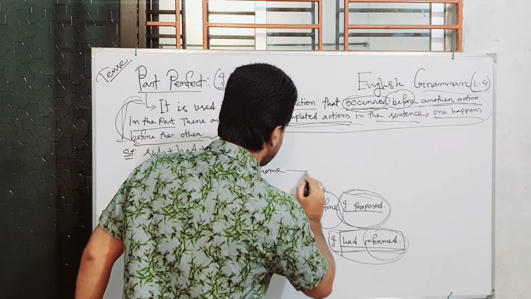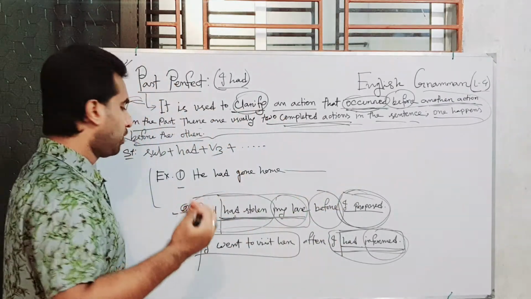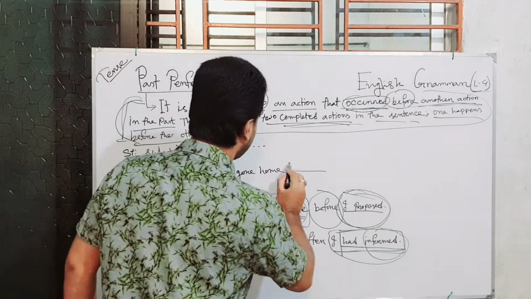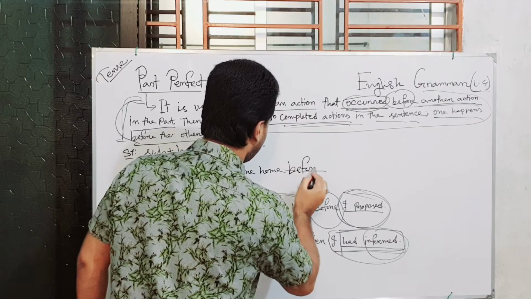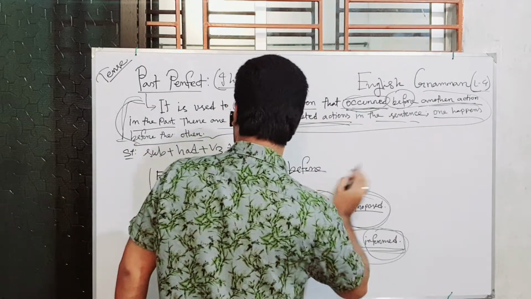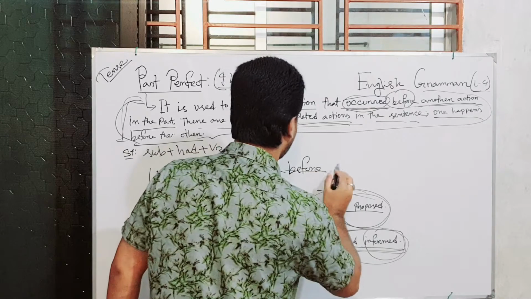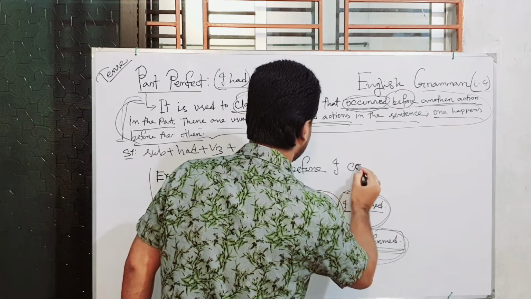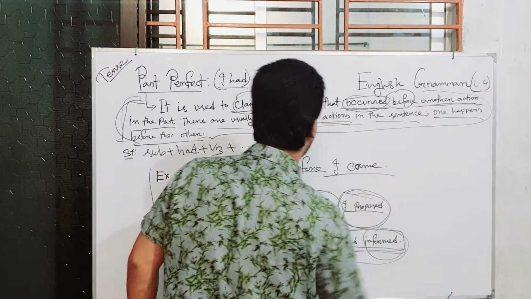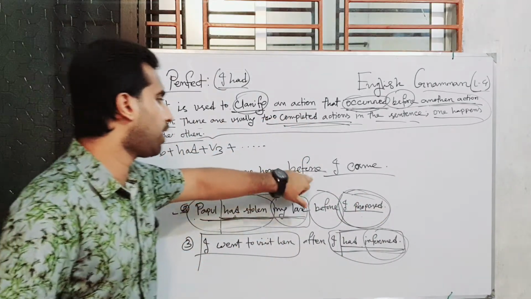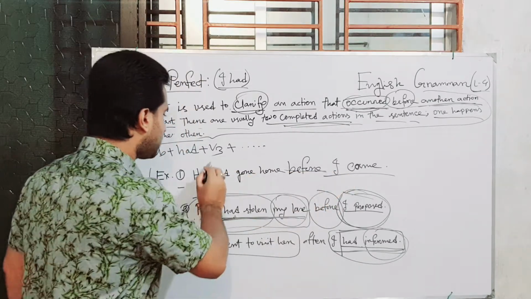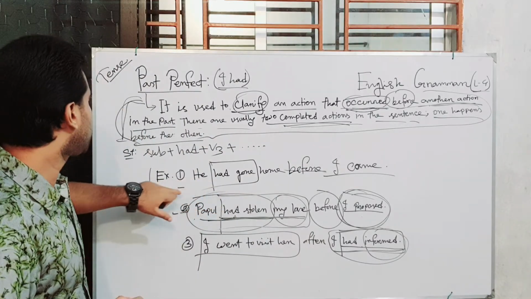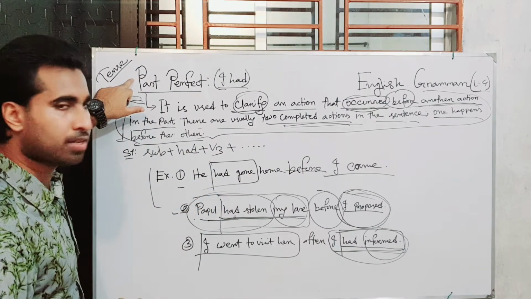I didn't write another action, but what can I write? He had gone home before I came. Here the action had gone comes first, or happens first. So this tense is a past perfect tense.